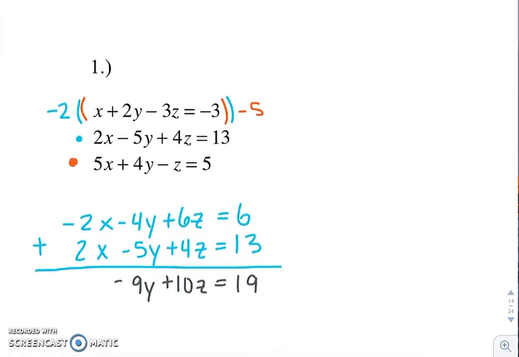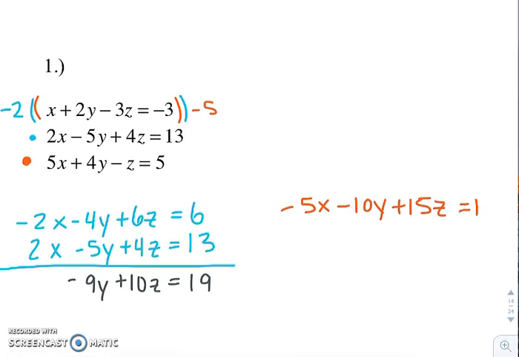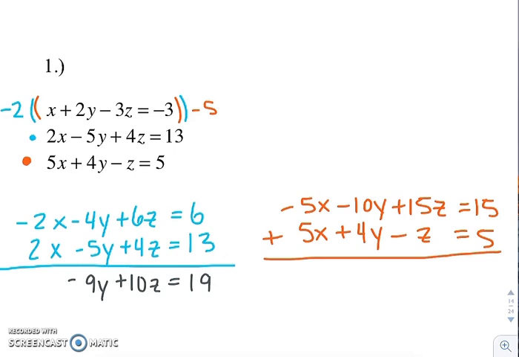So then that will give us negative 5x minus 10y plus 15z equals 15. And we're going to add it to the bottom one, 5x plus 4y minus z equals 5. Add those guys up.